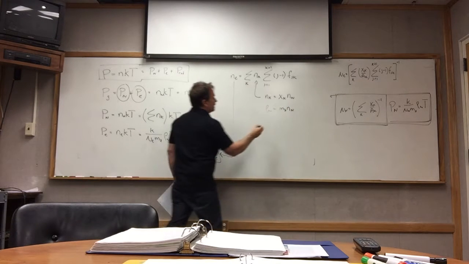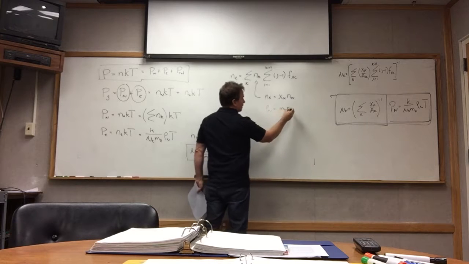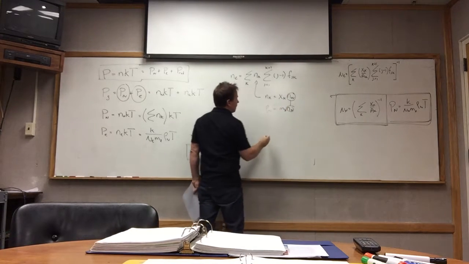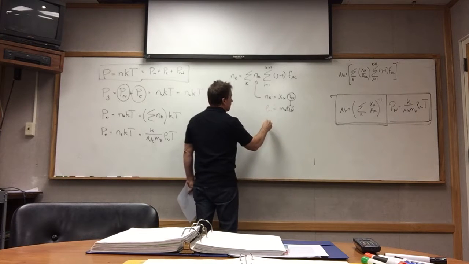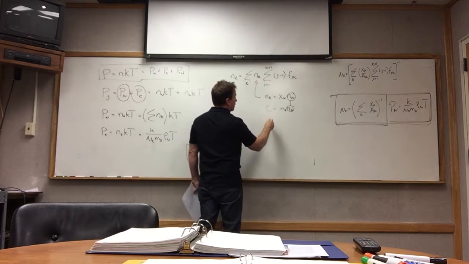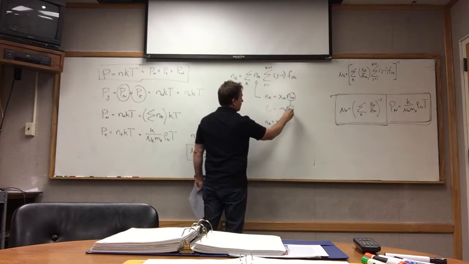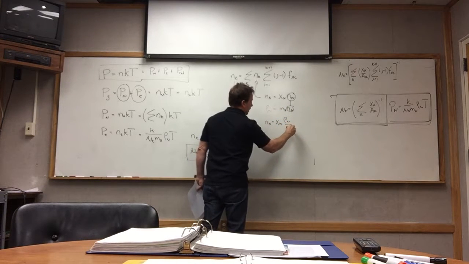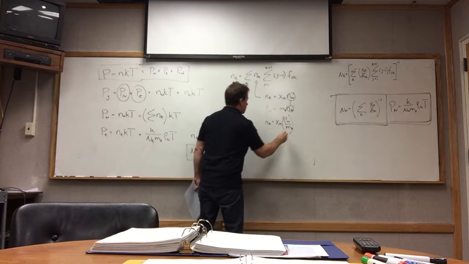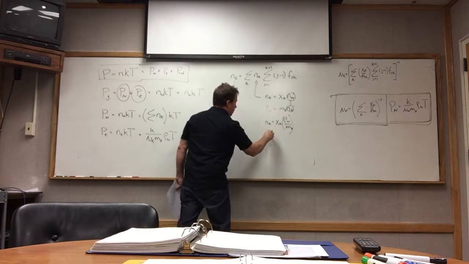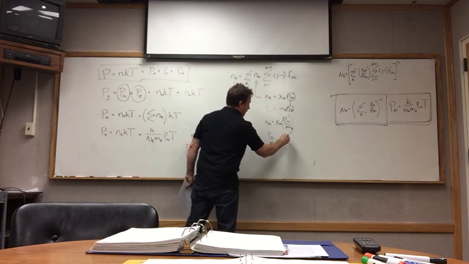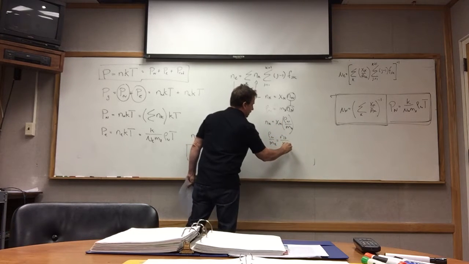Okay, so basically you can substitute here, all right, and you can get what I want. I want rho n over ma, so you can get nk equals xk times rho n over ma. Okay, so you get rho n over ma equals nk over xk.